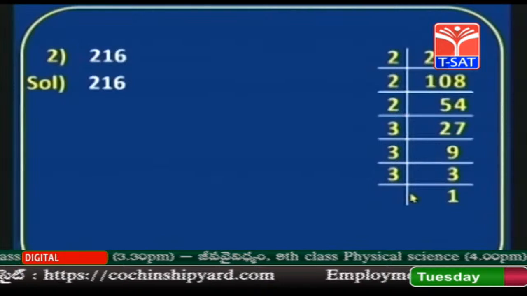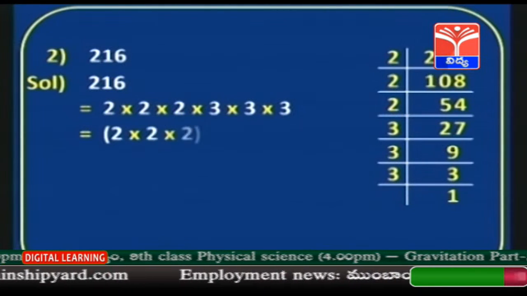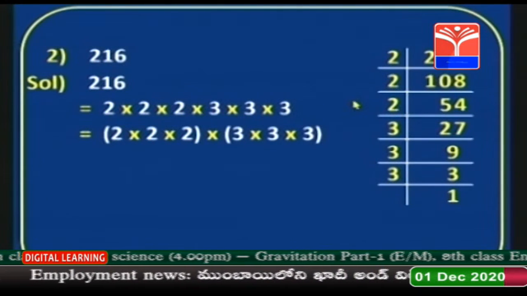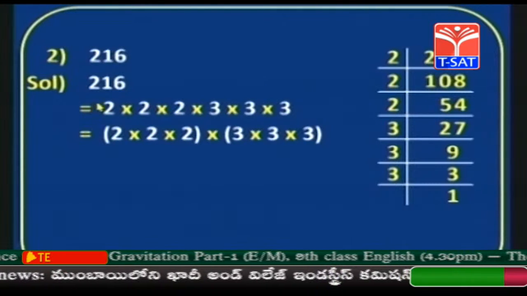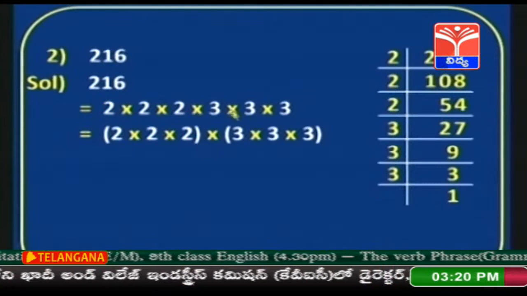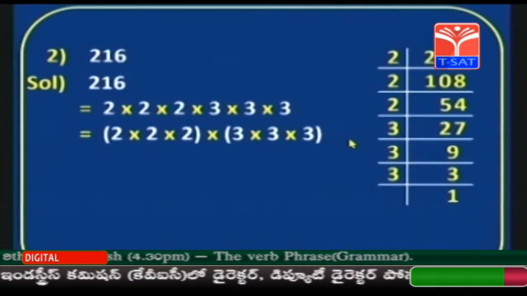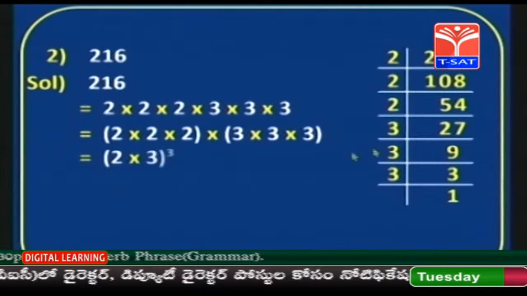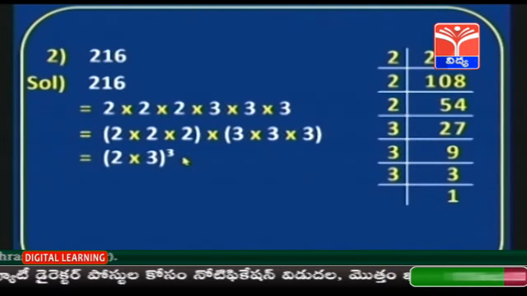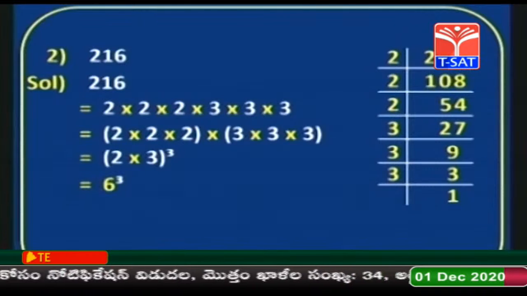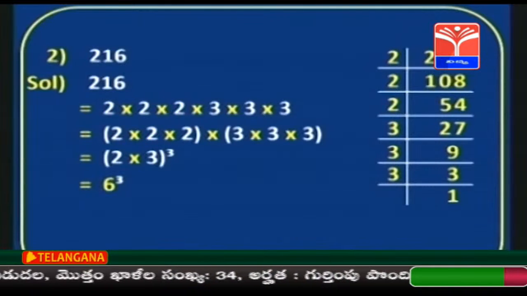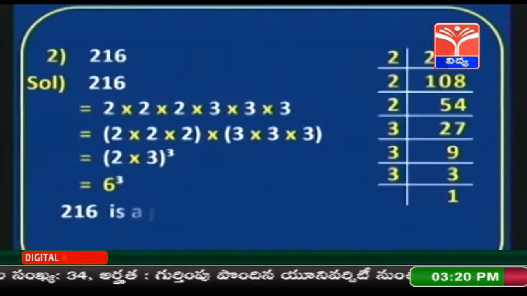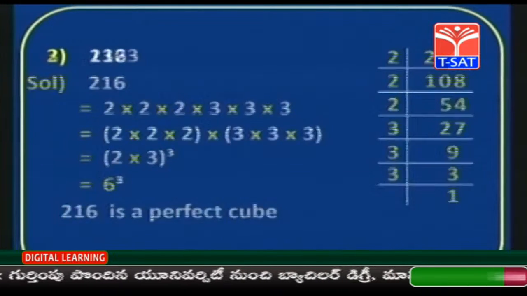So I can write 216 as 2 into 2 into 2 into 3 into 3 into 3. These three 2s are in one group, these three 3s are in one group. So I can write it as 2 into 3 whole cube, which is 6 cube. So is 216 a perfect cube or not? Yes, 216 is a perfect cube.